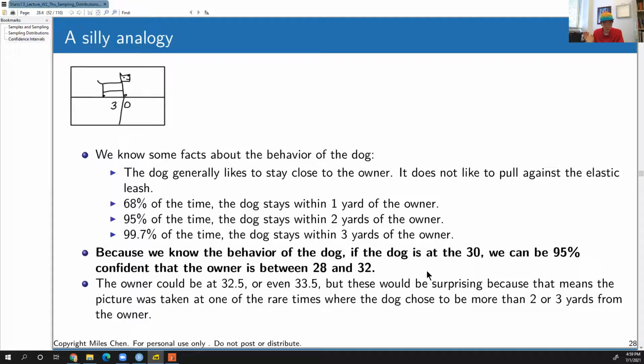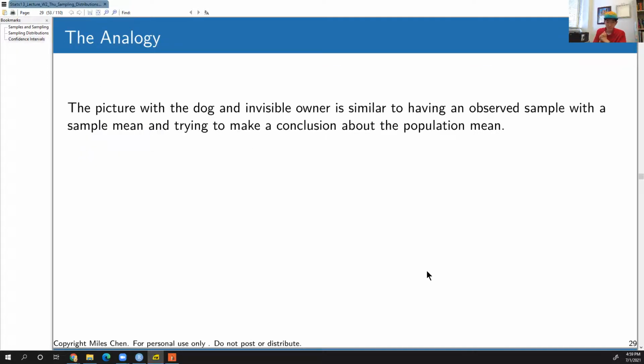Okay, so the point of this dog and owner thing is that seeing the location of the dog, but not knowing the location of the owner, is kind of like seeing the mean of a sample, but not knowing the location of the population mean, okay?